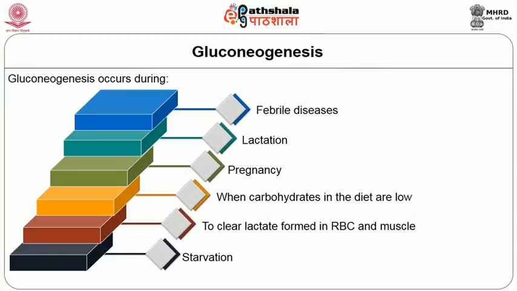Gluconeogenesis is almost the reversal of glycolysis, except at 3 steps which are irreversible in glycolysis. These steps are reversed by enzymes known as the key enzymes of gluconeogenesis, that is, those enzymes specific for gluconeogenesis.